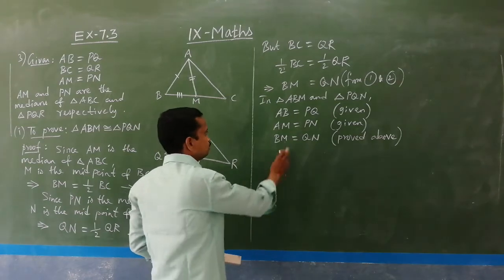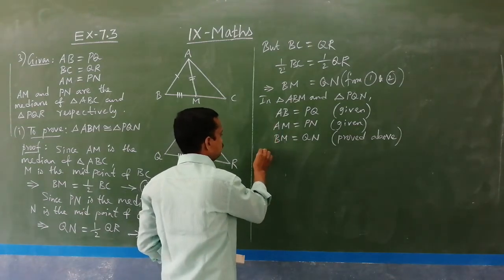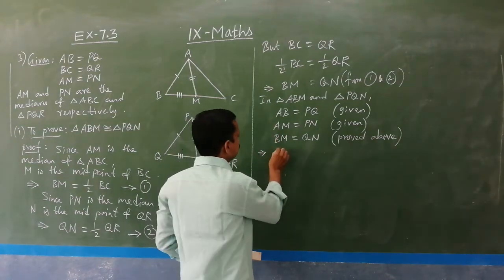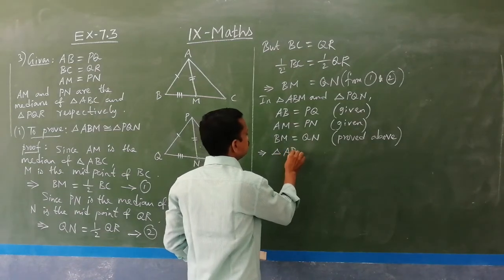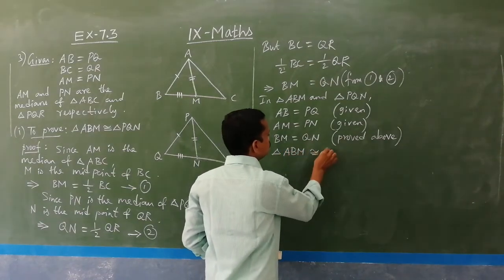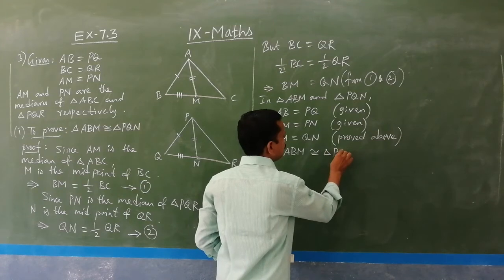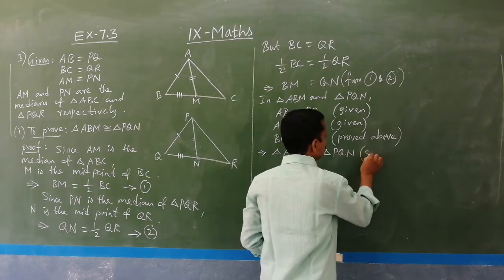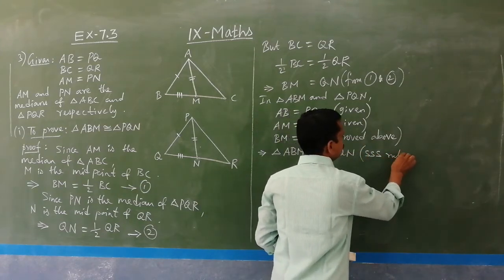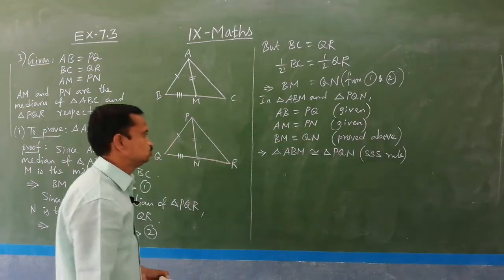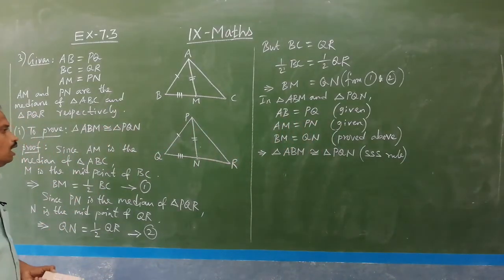And now by SSS rule, triangle ABM is congruent to triangle PQN. By the SSS rule we can say these two triangles are congruent. And after that, there is a second option.